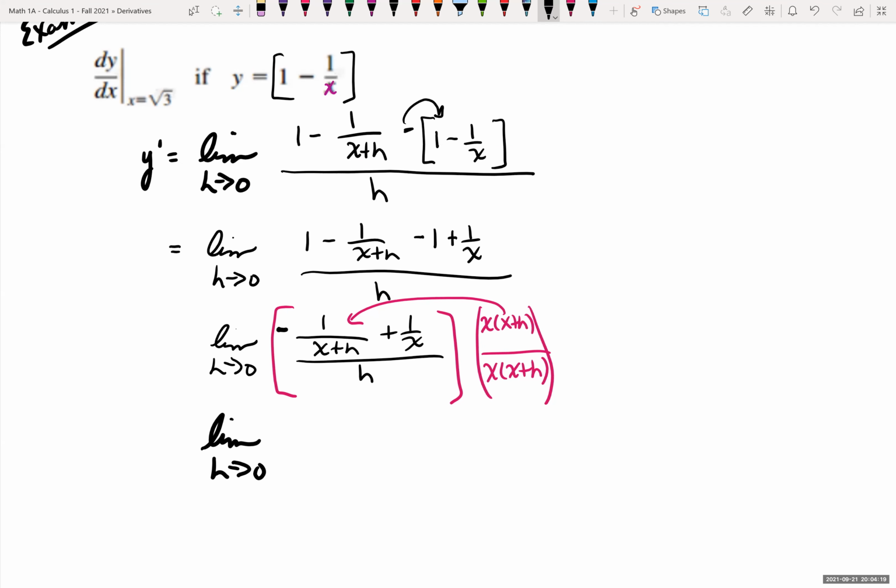We have this negative here. So x plus h cancels, we're going to be left with -x plus, and when we distribute this x times x plus h to the second fraction in that numerator, the x's cancel and we're left with x plus h. Notice that nothing cancels in our denominator, so we're just going to leave it as h times x times x plus h.